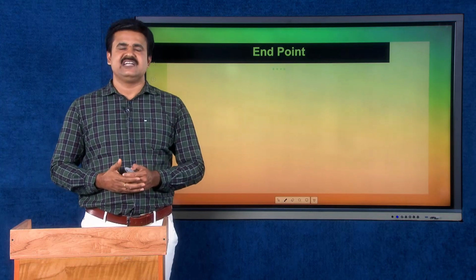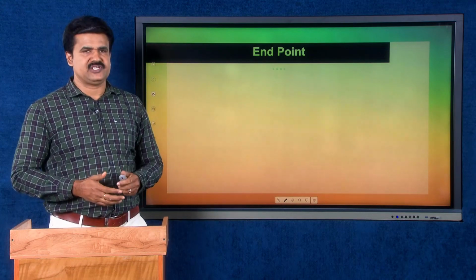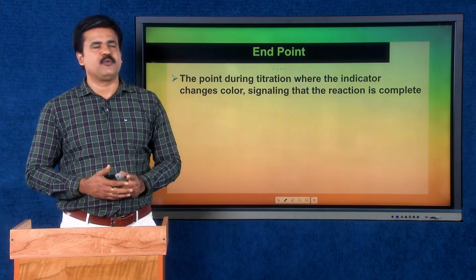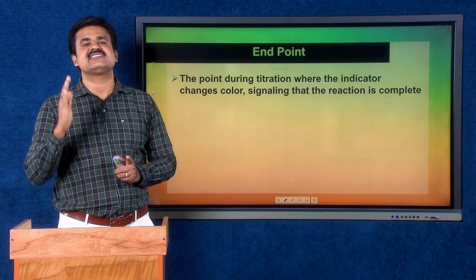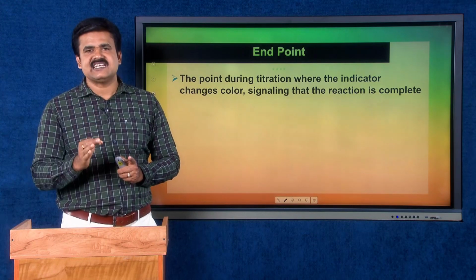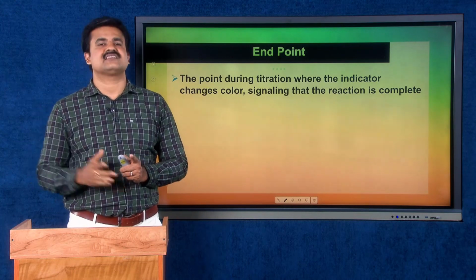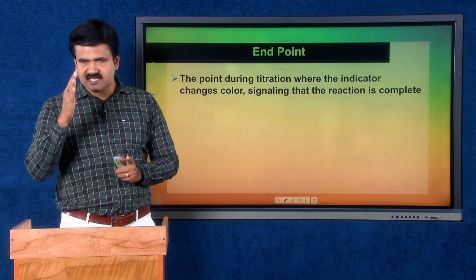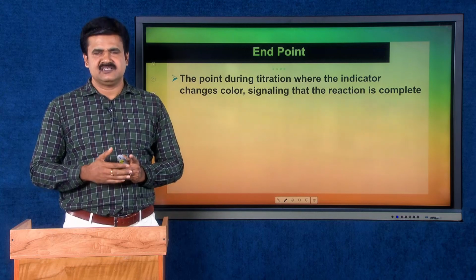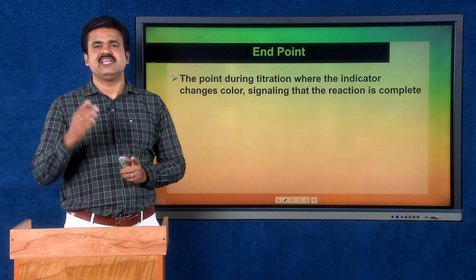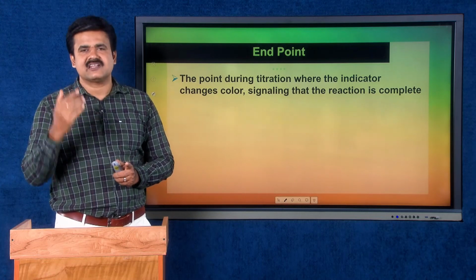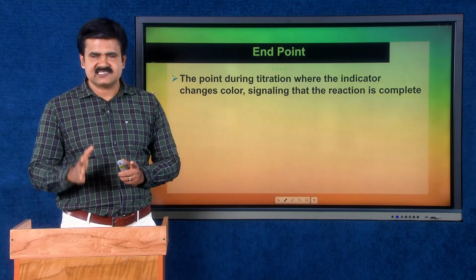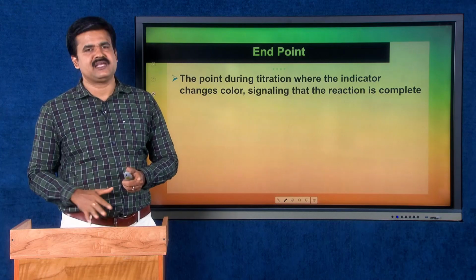Now we are discussing the end point. The end point is the point during titration where the indicator changes its color, signaling the reaction is complete. So at the end point of a titration in volumetric analysis, if the indicator shows a color change, you can simply assess that the reaction is complete.